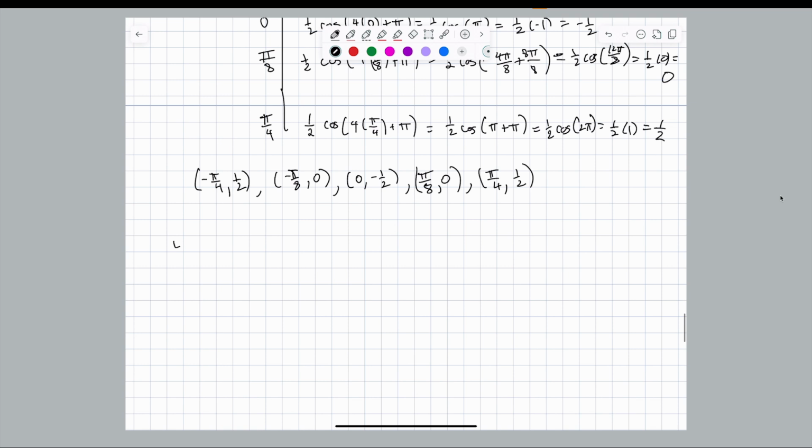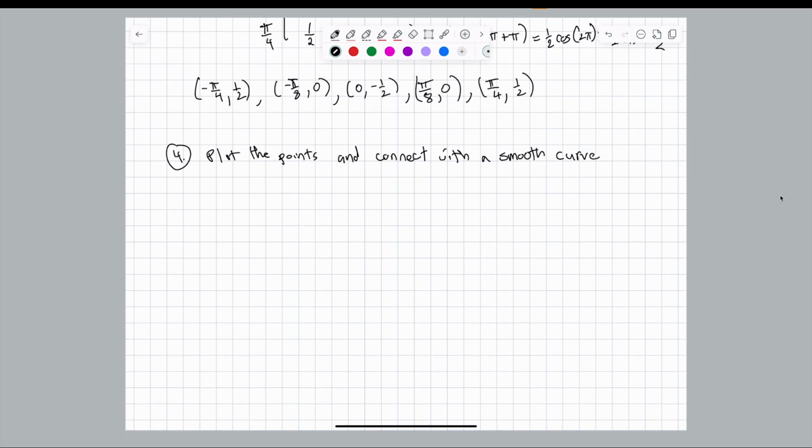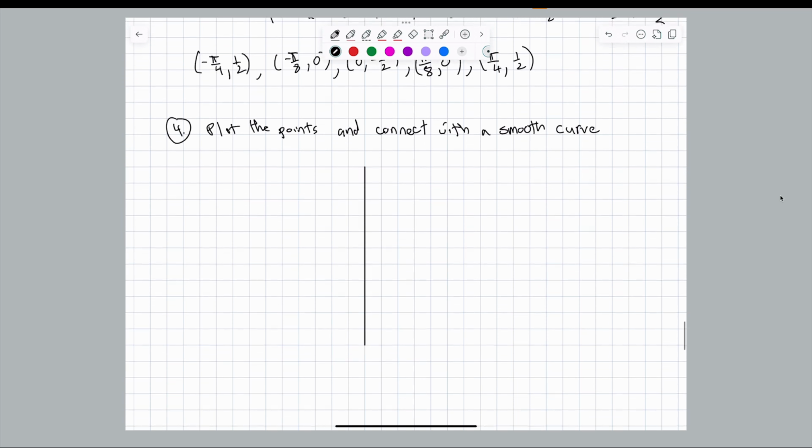All right, step 4 here. Plot the points and connect with a smooth curve that resembles the cosine function. To do that, we will partition the x-axis in multiples of pi.